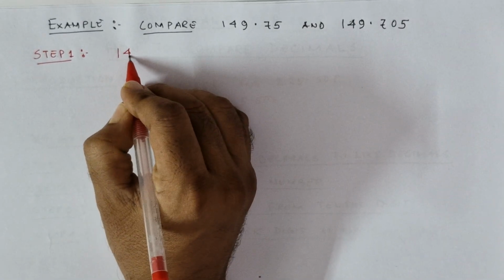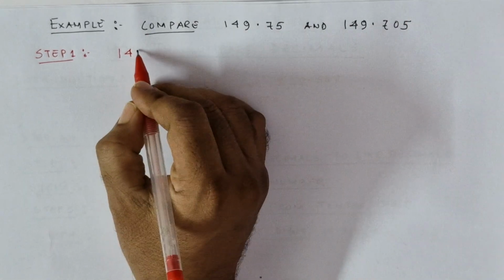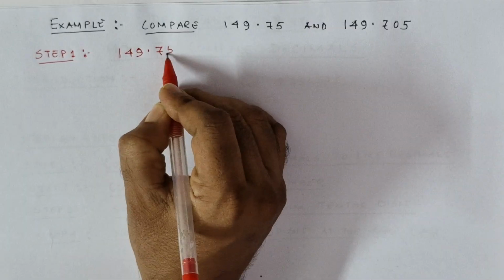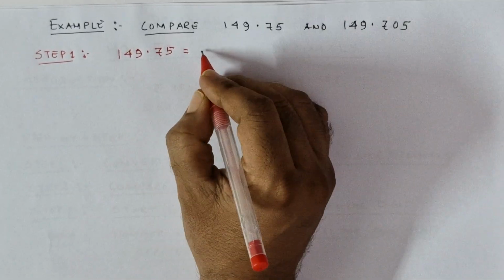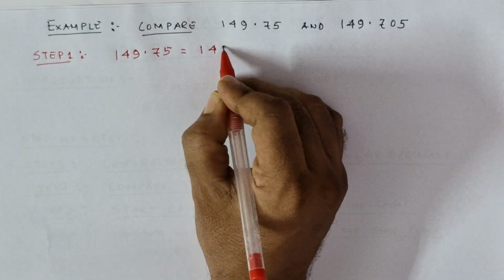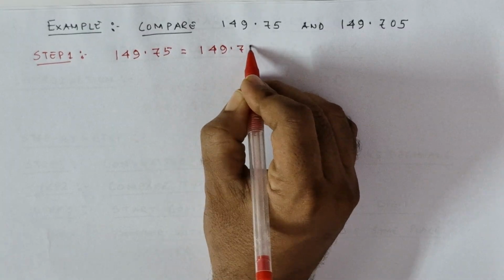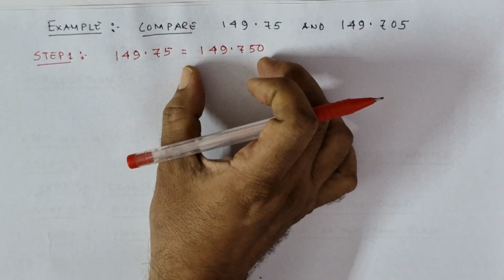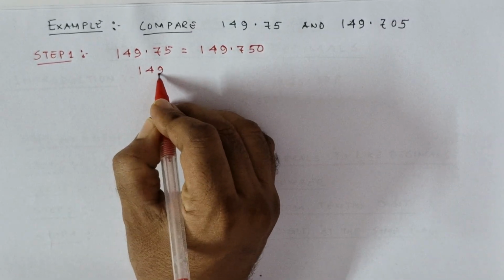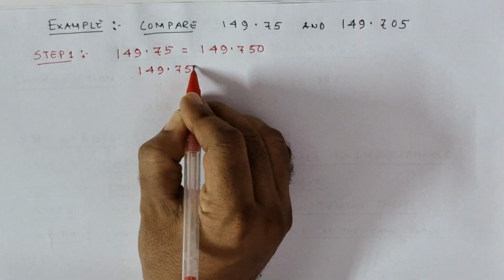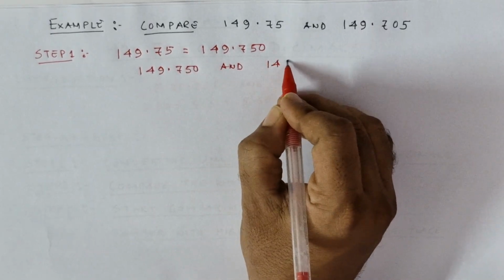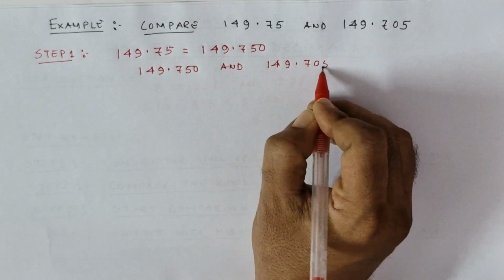Using equivalent decimals, the equivalent of 149.75 is found by just adding a 0, which is needed to make it 3 digits: 149.750. Now we have 149.750 and 149.705.